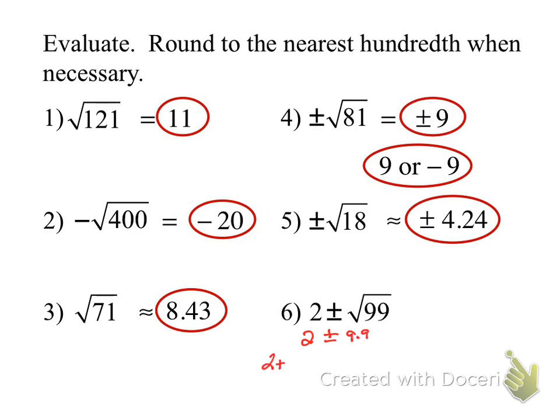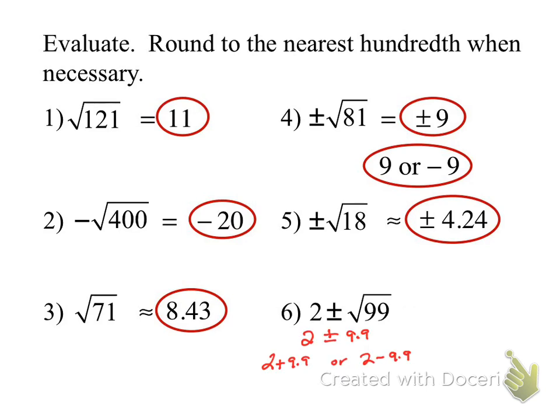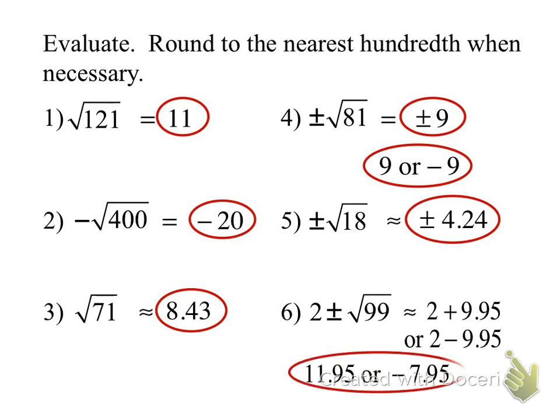So that means 2 plus 9 and 9/10, or 2 minus 9 and 9/10. Okay, questions? That makes 11 and 9/10, and this becomes 7 and 9/10. And if you look at it with the calculator, we're pretty close.